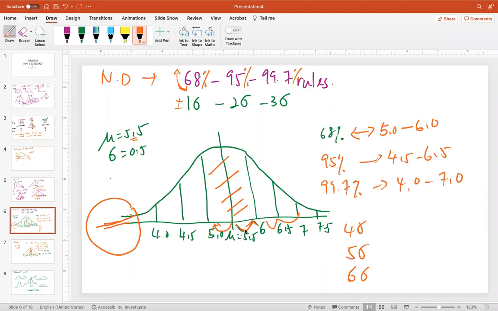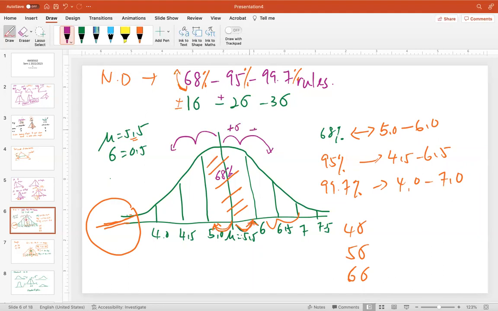So plus 1 standard deviation is 6, minus 1 standard deviation is 5. My data's 68% is located in this area. Now if I want to look at two standard deviations, with plus and minus 2 standard deviations, so 1, 2, 1, 2.